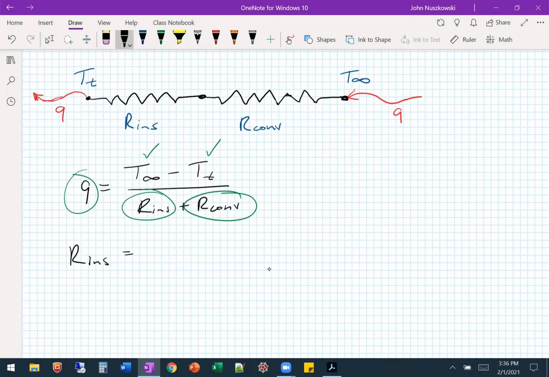So for the resistance of the insulation, what do we have to look for to get this equation? Where do we get this? For spherical, it's going to be 1 over R1 minus 1 over R2, whole thing divided by 4 pi k. Yeah.